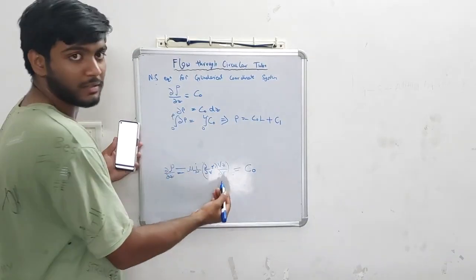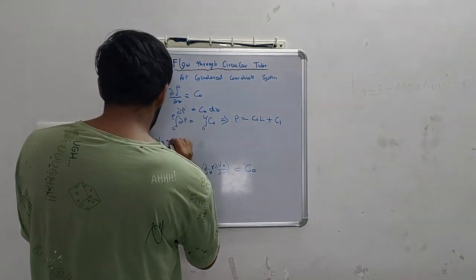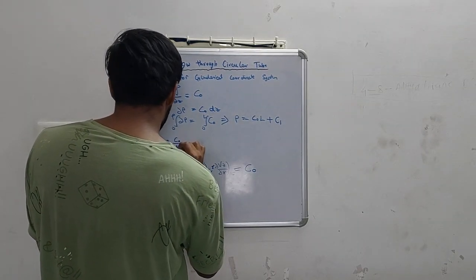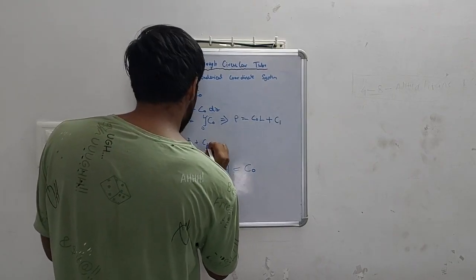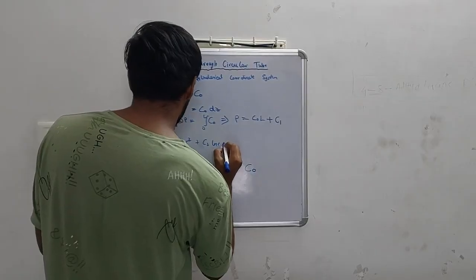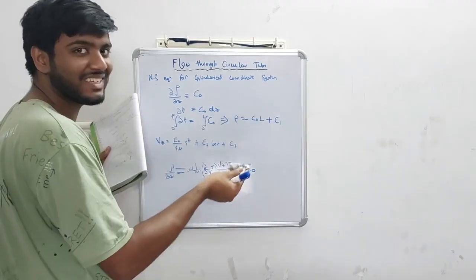By double integrating this equation, we will get Vz equals C naught by 4 mu r square plus C2 ln r plus C3.